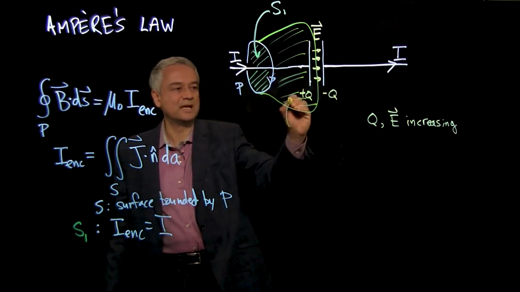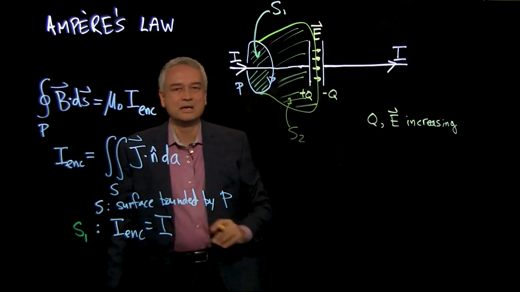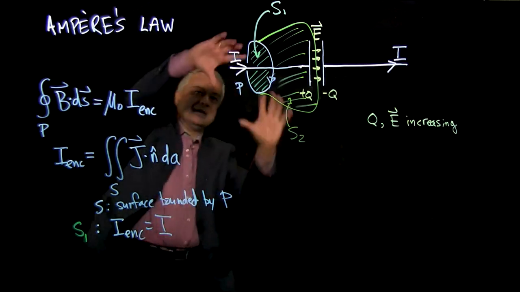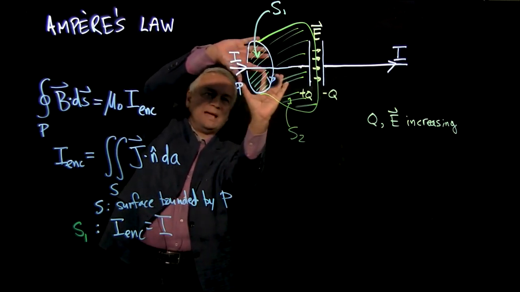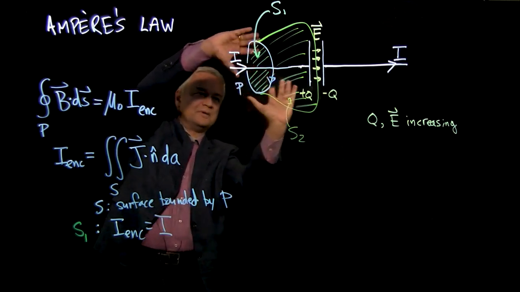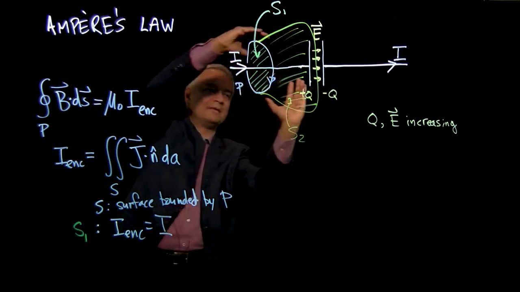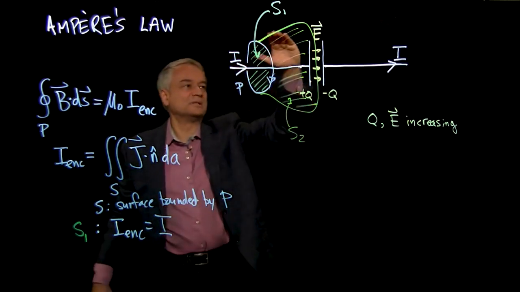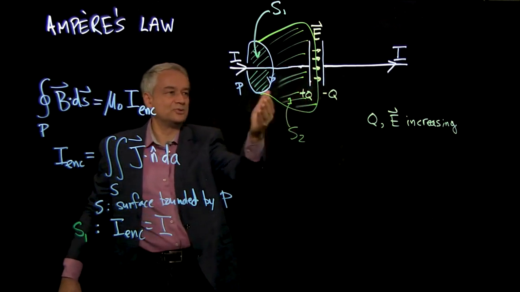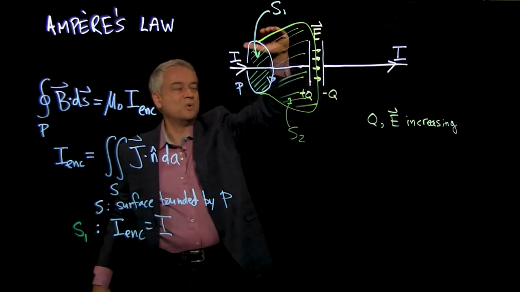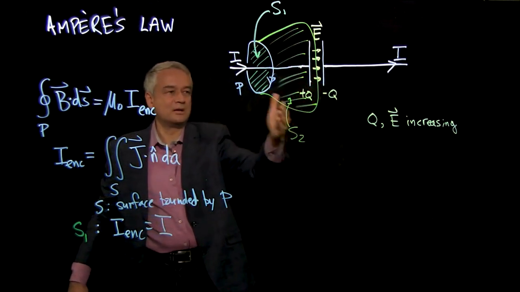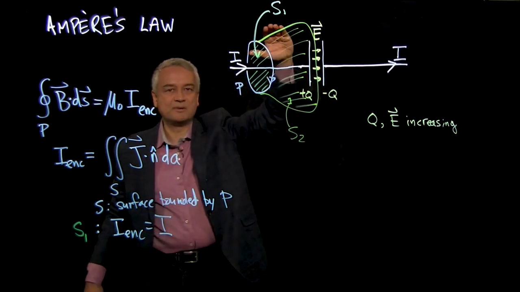This is my surface S2. This surface S2 is bounded by the same path here, but the surface comes off this path and perversely goes through the center of the capacitor here. And so there's no wire crossing this surface anywhere.